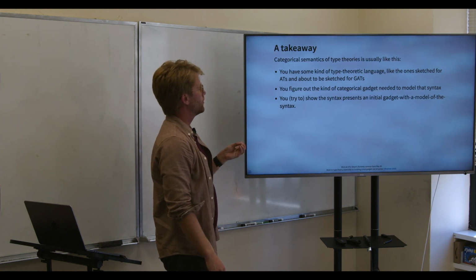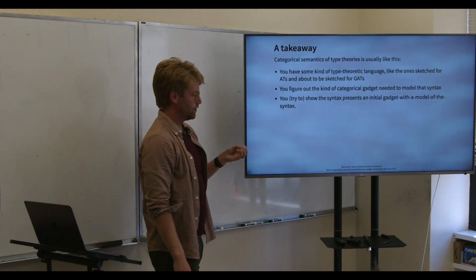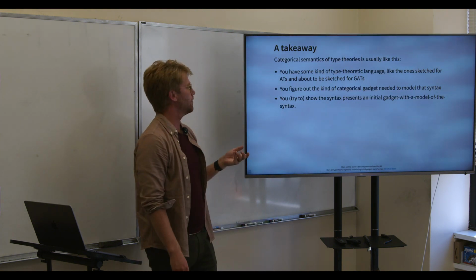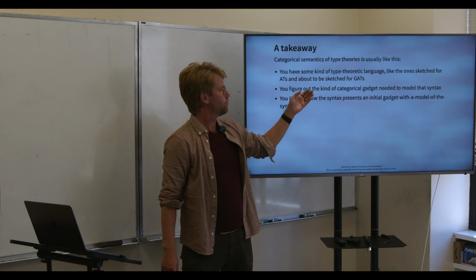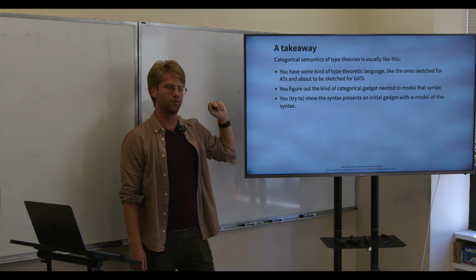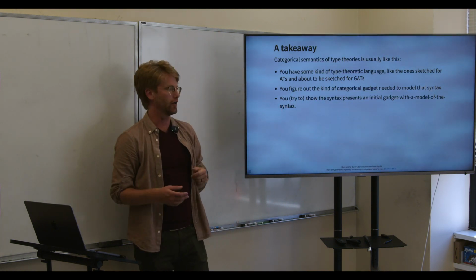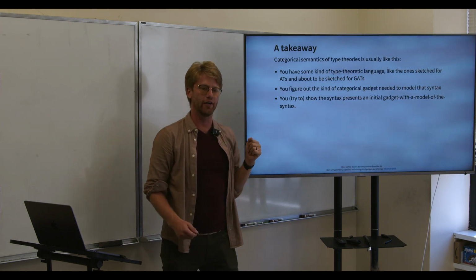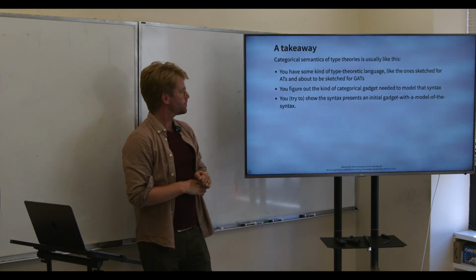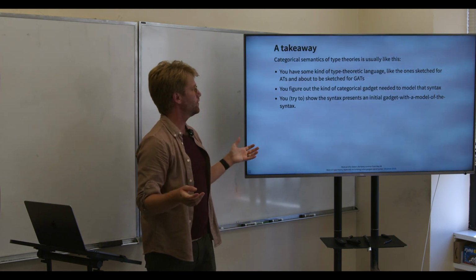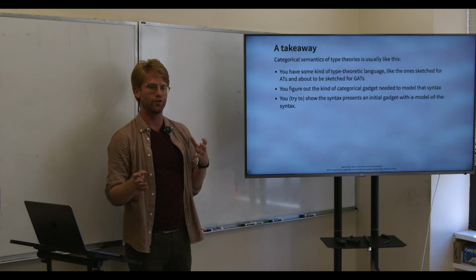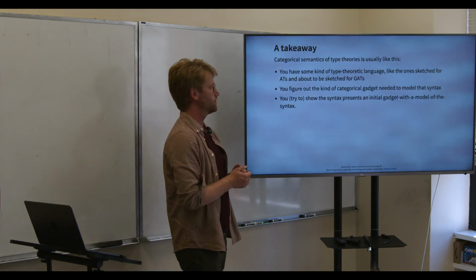The categorical semantics program for any given type theory, maybe be fair to say, is you say, what kind of category can I model that sort of theory in, finite product category in this case, and then can I build that sort of category out of the syntax of this theory? And if so, then you have kind of a purely categorical characterization of what it means to have models of this kind of theory.